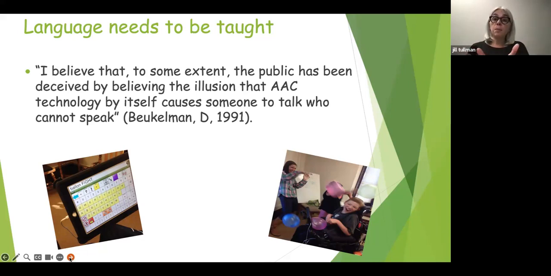So we have to remember, going back to that slide, when individuals who have severe communication impairments are supported to communicate, they're able to do so, and they do so well. And we see this across ages, across abilities, and across disabilities.